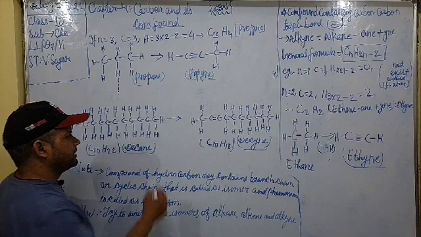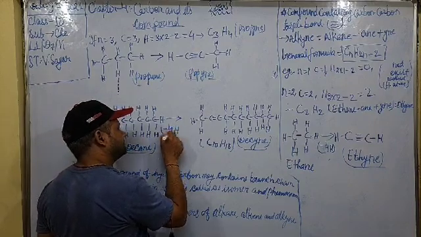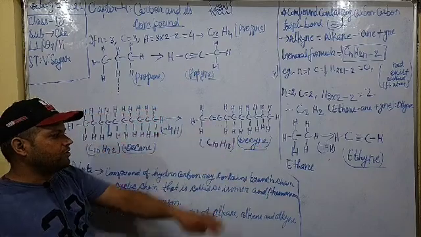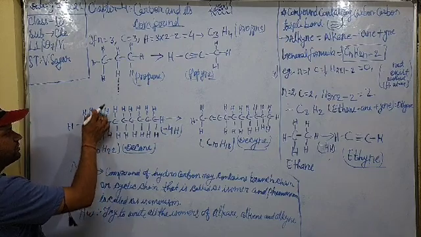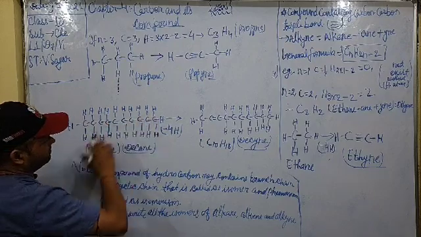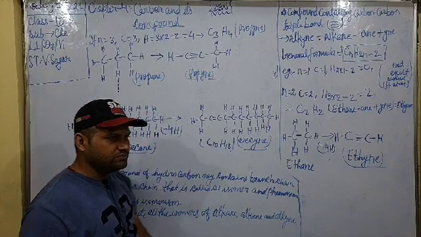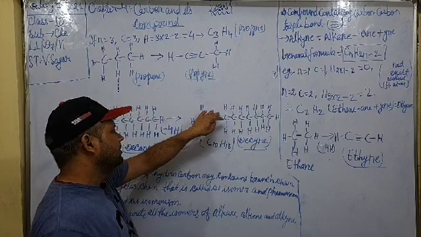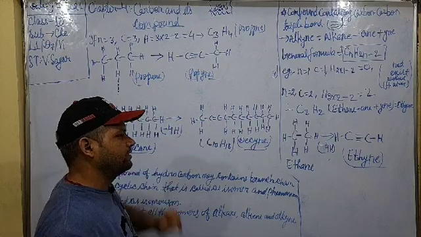Now we have to remove 4 hydrogen atoms. Then we get decyne. The structural formula of decyne is in this way. You can remove hydrogen from any places, but in this structural formula we remove hydrogen from these 2 carbon atoms, from here and here.